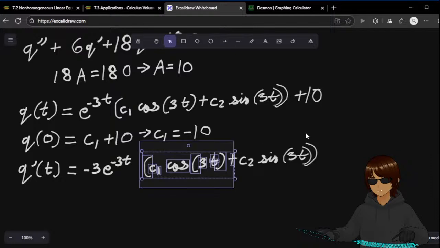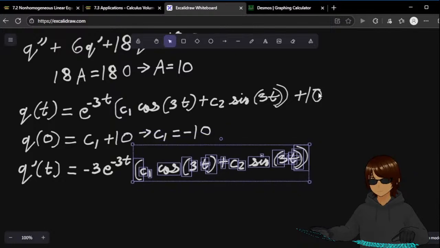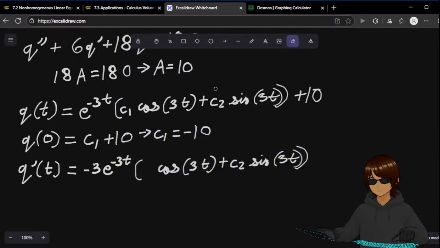So it's this entire thing minus 10. Derivative of the first times the second plus the first times the derivative of the second. Cos becomes minus sine. We are multiplying it by 3, so it becomes 30.